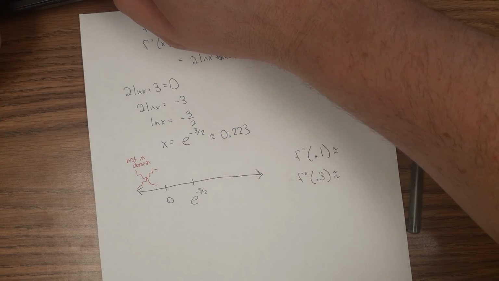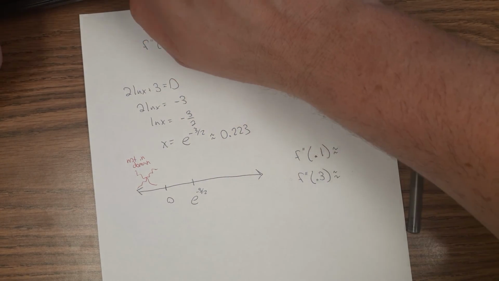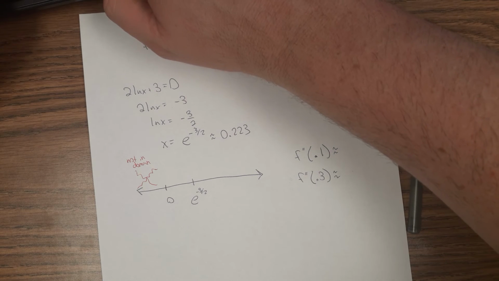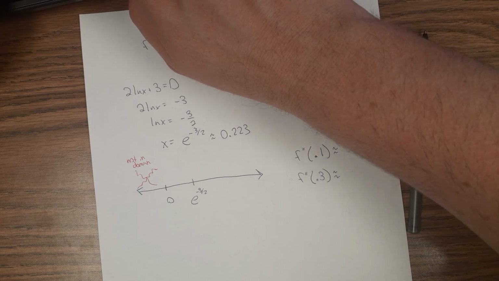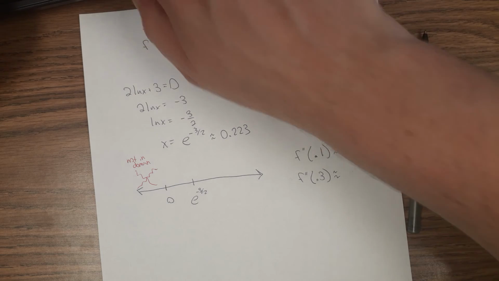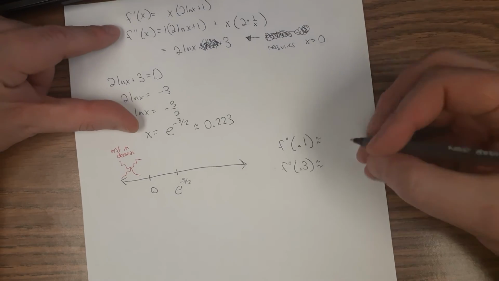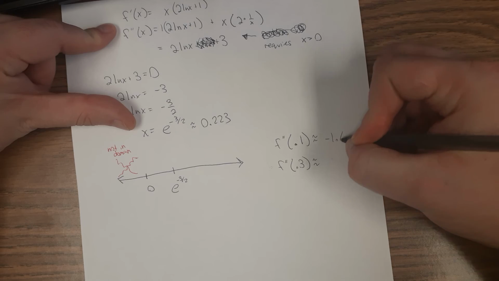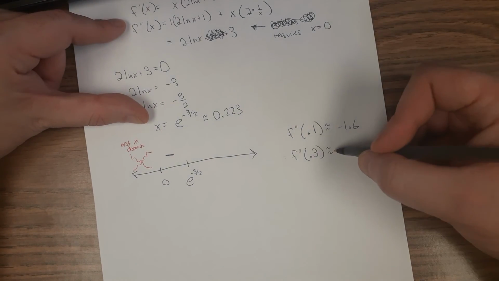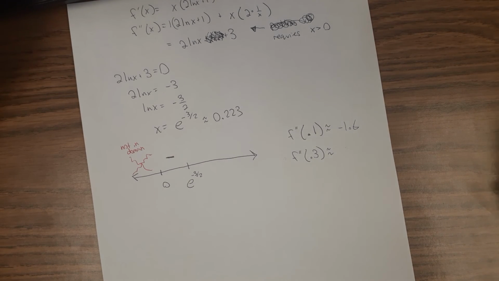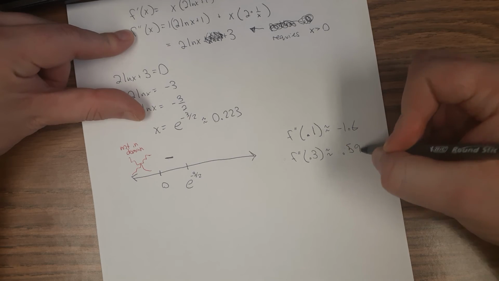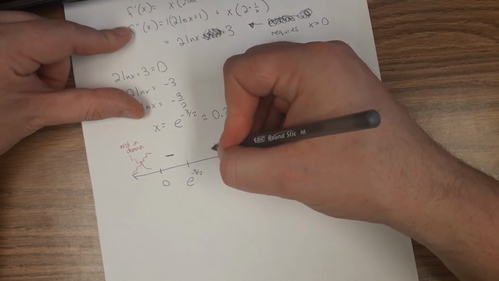Sorry, this will take just a second. So for this one, I get negative 1.6 something. All I care about is that it's a negative number. For this one, I get 0.59 something. All I care about is that it's a positive number.